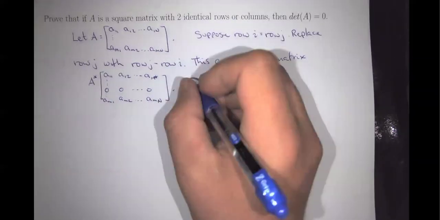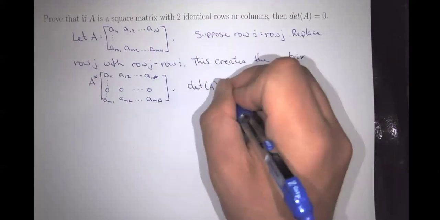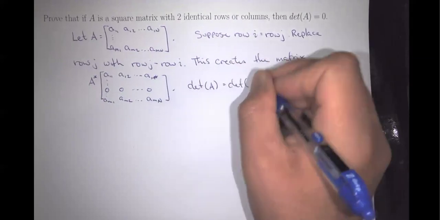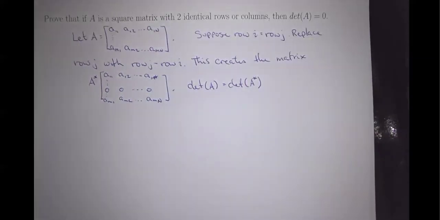Now the determinant of A has to be equal to the determinant of A star, because elementary row operations of the form add a multiple of one row to another does not change the determinant.